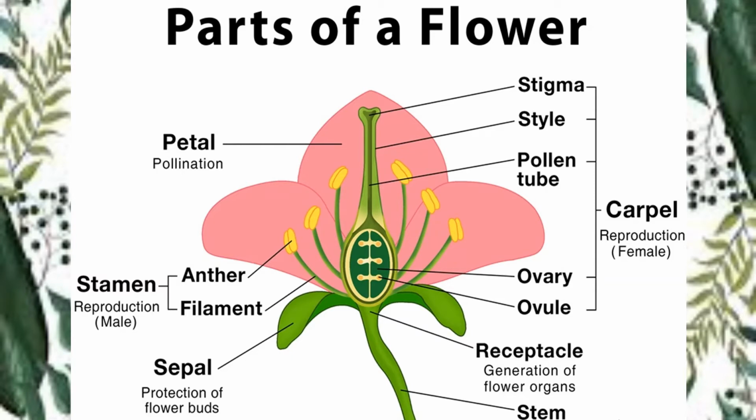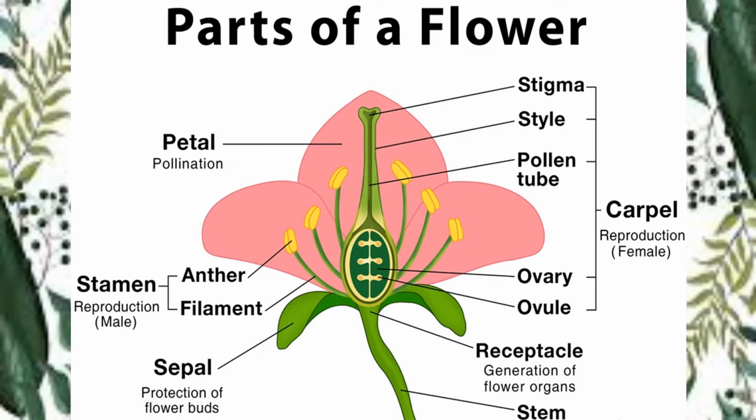Right? We know that. What is calyx? This one is calyx, and the unit of calyx is called sepal. Clear? Then corolla. This is corolla, and the unit of corolla is called petal. Then androecium.